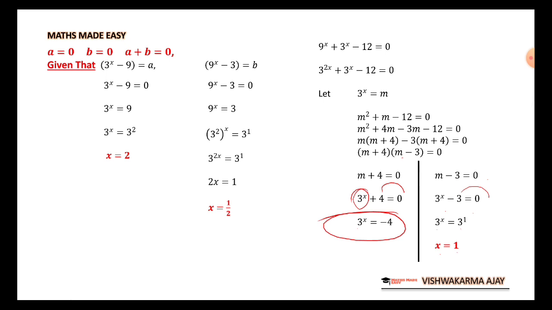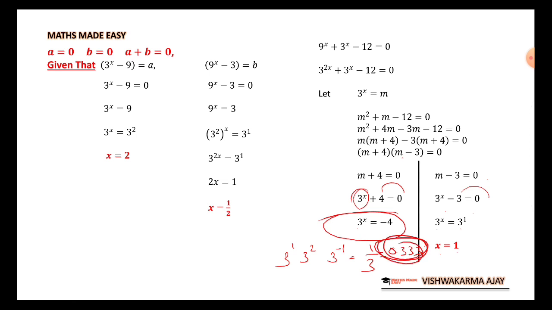Now here is a very important concept. Any positive real number raised to any value, either positive or negative, will never give you a negative number. Let's demonstrate: 3 raised to 1 will never give you minus 4. You also know that 3 raised to 2 will never give you minus 4. Let us try 3 raised to minus 1. 3 raised to minus 1 can be written as 1 upon 3, and 1 divided by 3 is 0.3333, but it is never going to be negative.